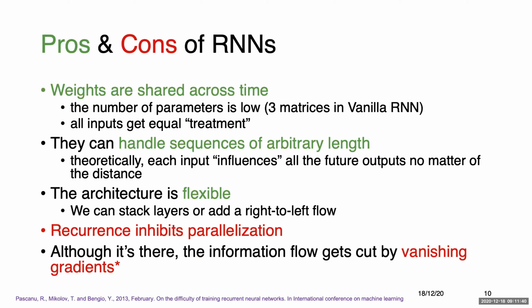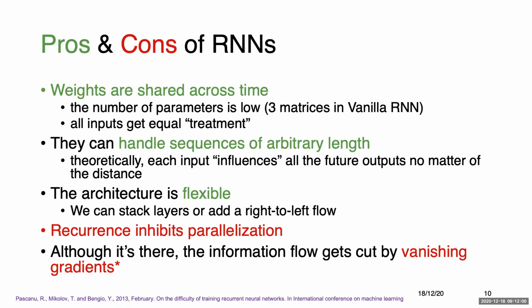In the backpropagation algorithm, based on those influences, we change the weights. So the greater the influence, the greater the change of the parameter, and the greater the impact of that input on the final loss.